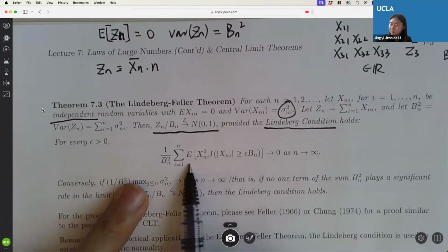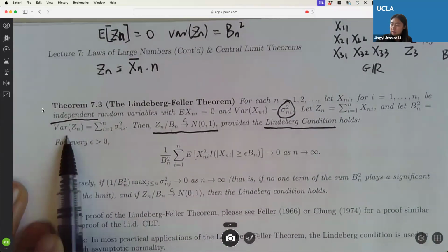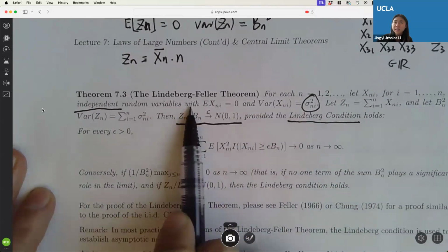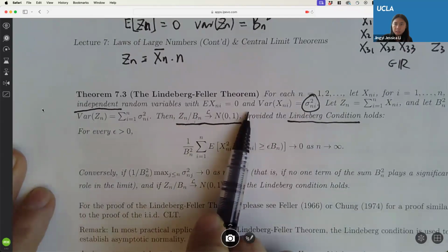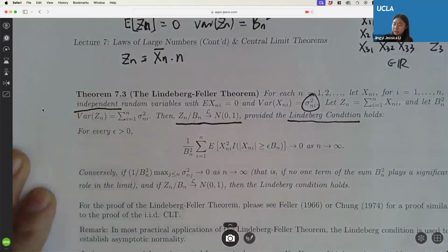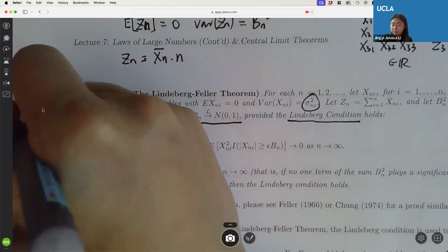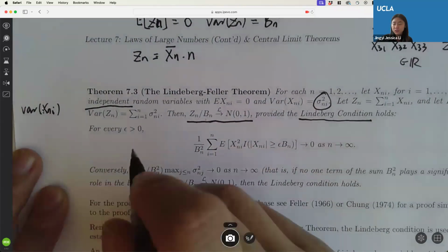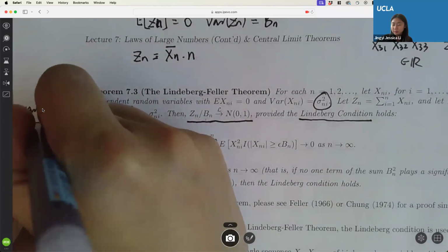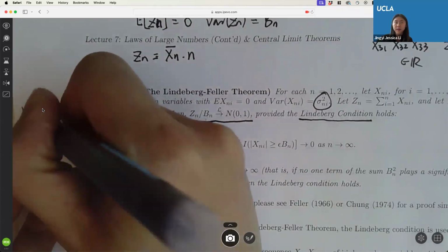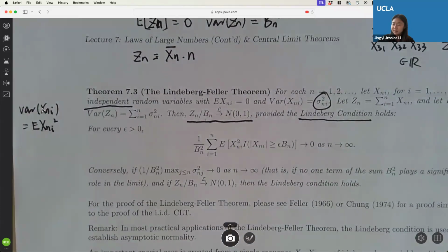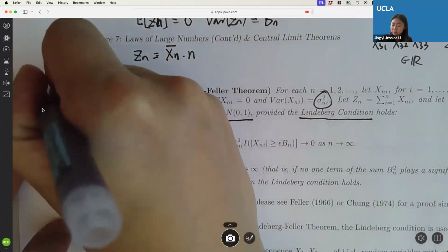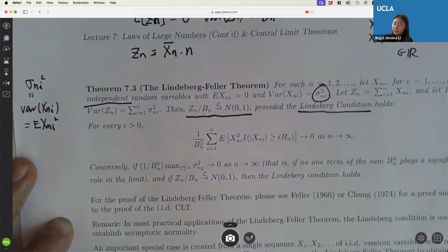Because here, let me just say some clarification. Because X_ni has mean 0, right? Therefore, the variance of X_ni is just equal to the expectation of X_ni squared. And this is what we denoted as sigma_ni squared.